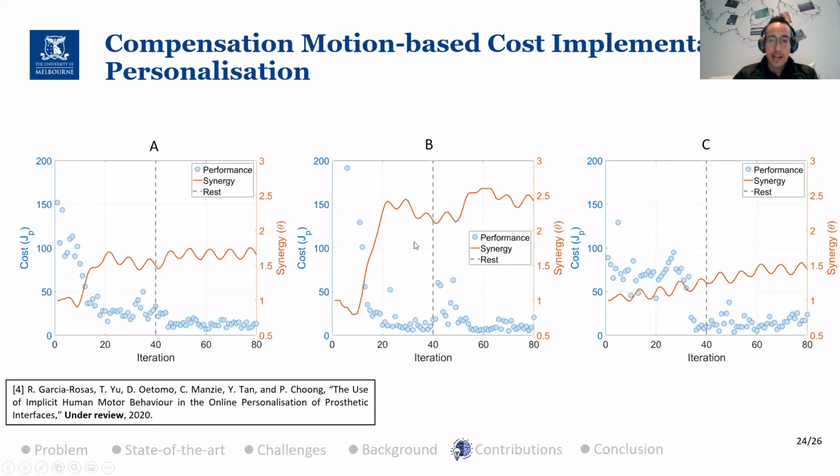On the other hand, we have B, and the main thing that we can see here is around these iterations. What happened here is that at the 40th iteration, we gave them a bit of rest time so they wouldn't get fatigued, and then we resumed the experiment.